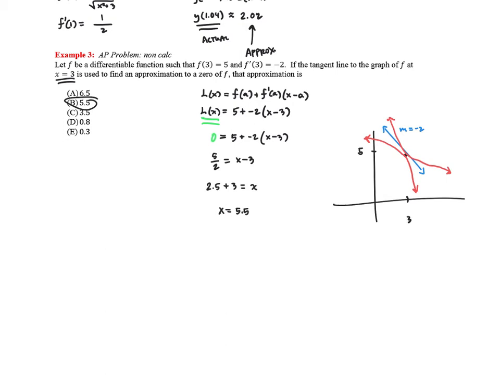However, I can project my tangent line to where it would cross the x-axis. Now, would it be the exact 0 for f? No, but it'd be an approximation. So my tangent line at 5.5 ends up equaling 0. So this would be x equals 5.5.